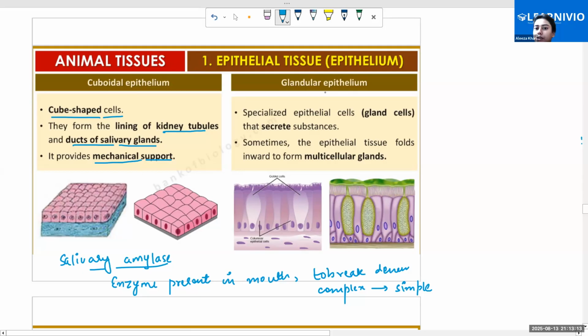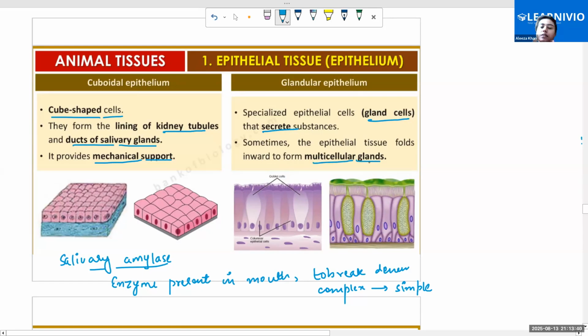Coming on to the glandular. So these are the gland cells. From the name itself, you can easily figure out that these are the gland cells, and gland cells are for secreting something. If you can observe, these are the folds which are forming the multicellular glands.